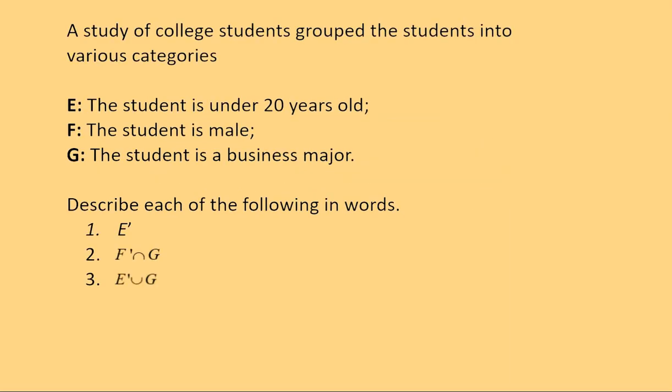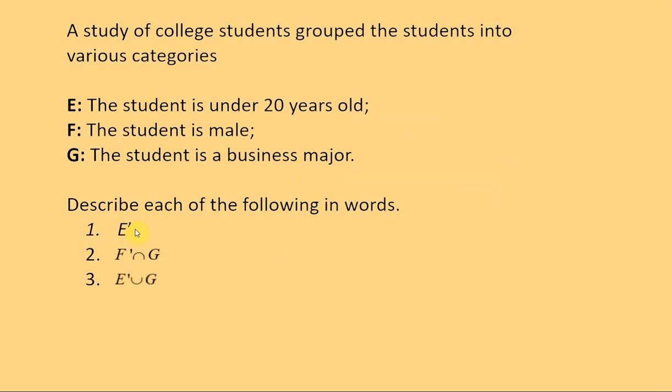A study of college students grouped the students into various categories. We have E, the student is under 20 years old. F, the student is male. And G, the student is a business major. Let's describe each of the following in words.